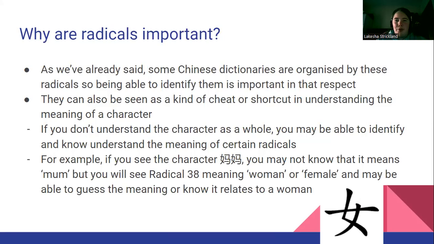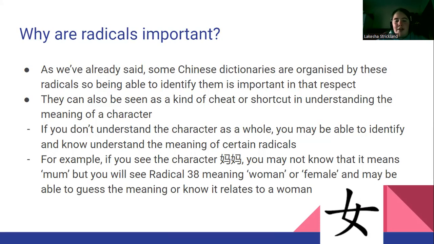Why are radicals important? As I've already said, Chinese dictionaries can be organized into radicals, so you have to be able to identify radicals in order to search for words in a dictionary. It can also be seen as a kind of shortcut to understanding a character, because if you don't know the whole character, but you see a specific radical, then you know it's going to be something to do with that radical.